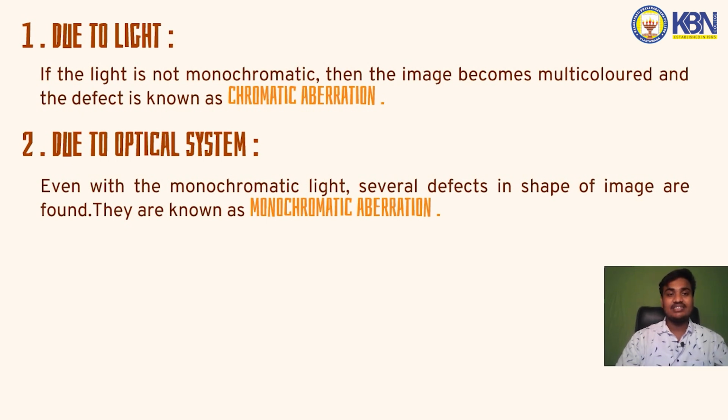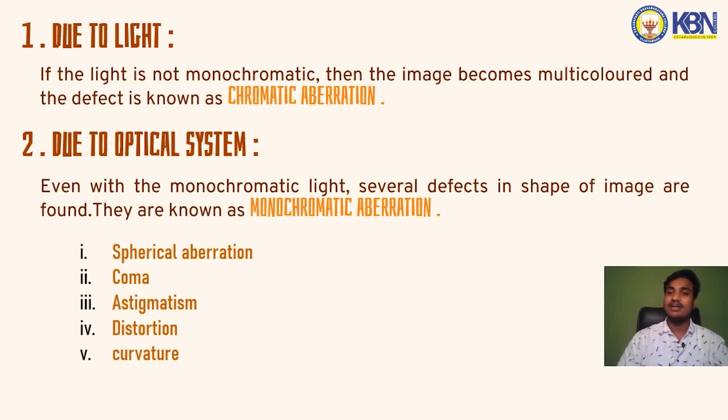Chromatic aberration arises due to light, and monochromatic aberrations arise due to the optical system. Again, in monochromatic aberration we have classifications like spherical aberration, coma, astigmatism, distortion and curvature.